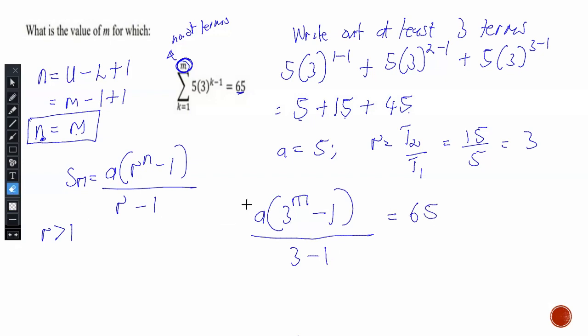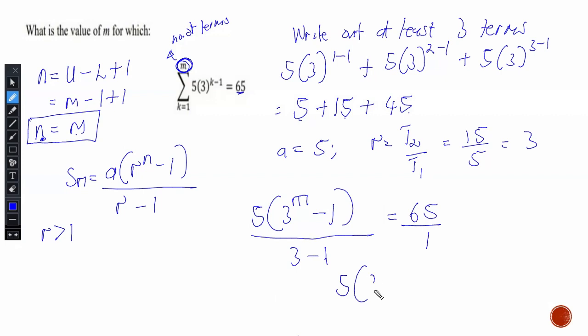Now, okay, my a value, I already have it, is 5. Now, what do I do? 3 minus 1 is 2, right? Then I will take the 2 and cross multiply it with that. So 3 minus 1 is 2, and then 2 cross multiplied with the 65.